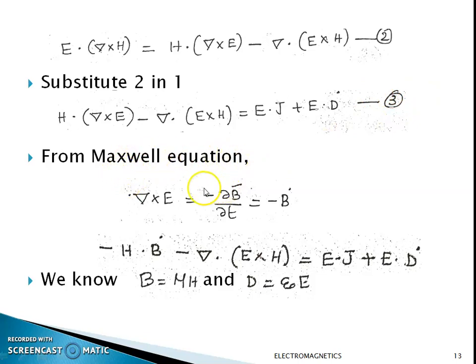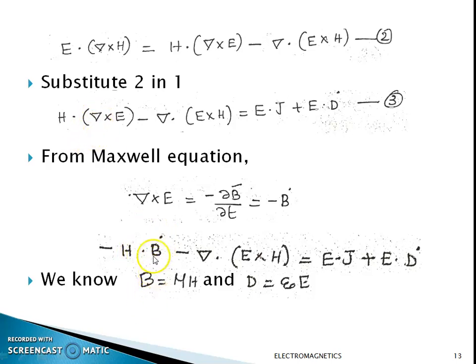And from Maxwell's equation, del cross E can be written as minus dou B divided by dou T, and this is equal to minus B dot. So del cross E is replaced by this minus B dot, and this equation can be written as minus H dot B dot.